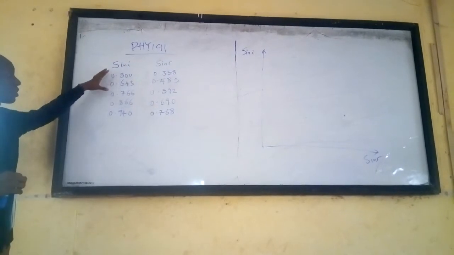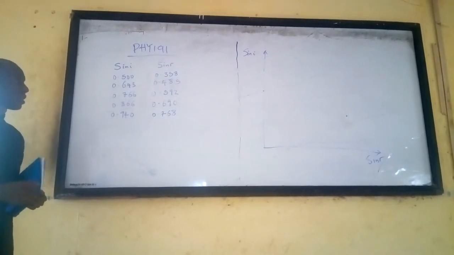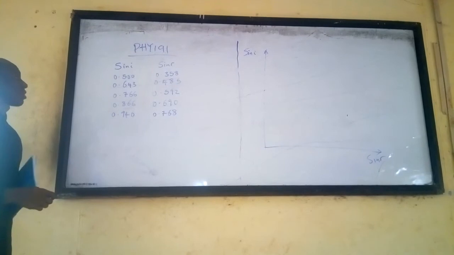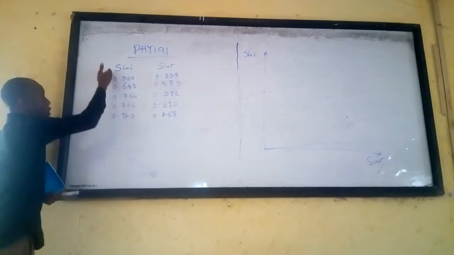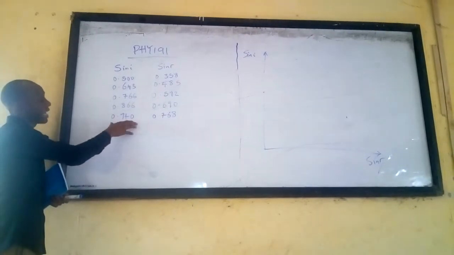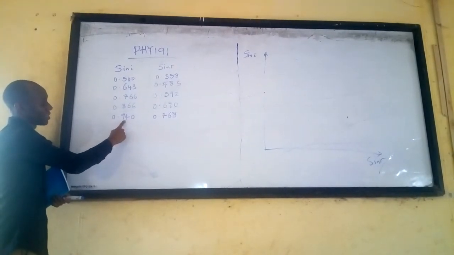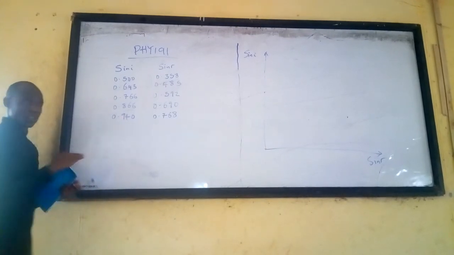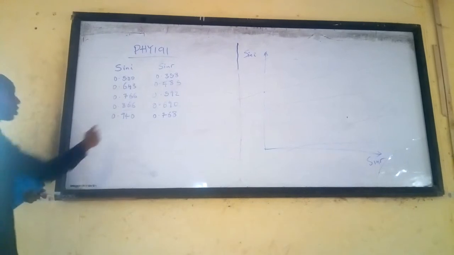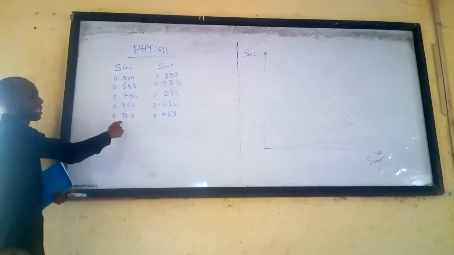0.5. You understand? So to get a scale that will be very suitable for the graph, we're going to do the range. Now for the highest value, in order to accommodate all these values, we approximate this to the next number that is immediately greater than this. It's not the normal approximation you do, but you just take this to the next value that is bigger than this.